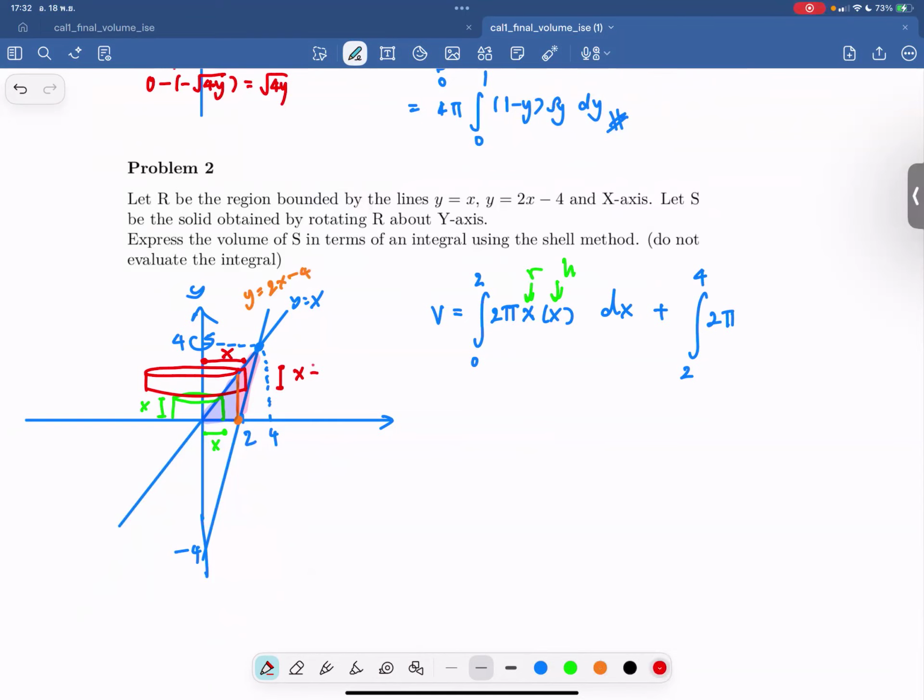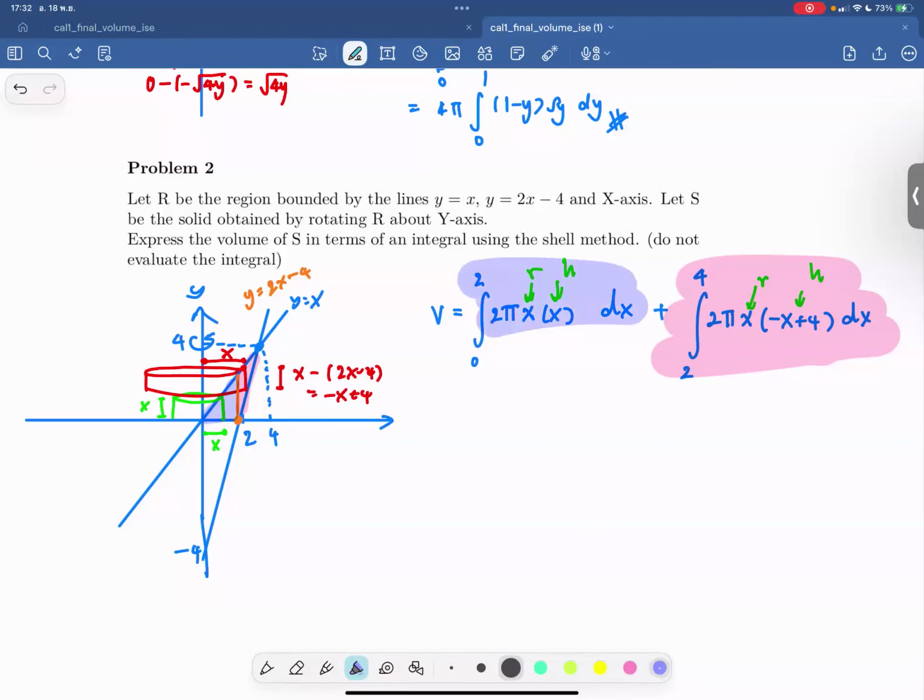So the radius should be x, and the height is x minus (2x minus 4), which is minus x plus 4. The integral here is from the pink area, and the integral here is from the purple area.